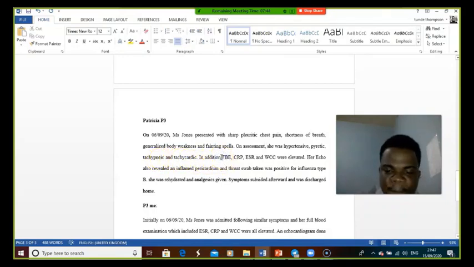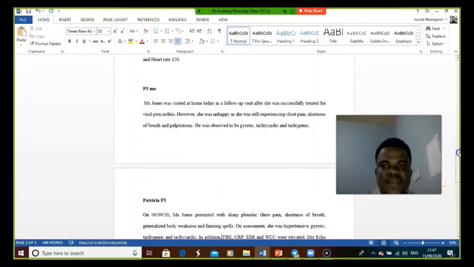In addition, full blood examination, CRP, ESR were elevated. Her echo also revealed an inflamed pericardium, and throat swab taken was positive for influenza type B. She was rehydrated and analgesic given. Symptoms subsided afterwards and was discharged home. That's a nice write-up, but there are a lot of repetitions.